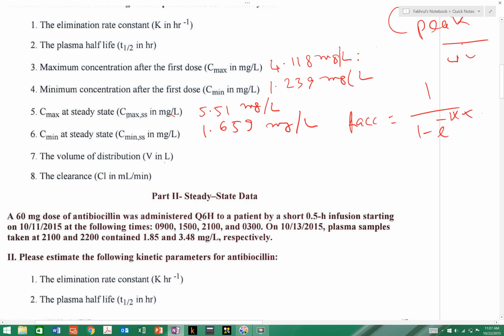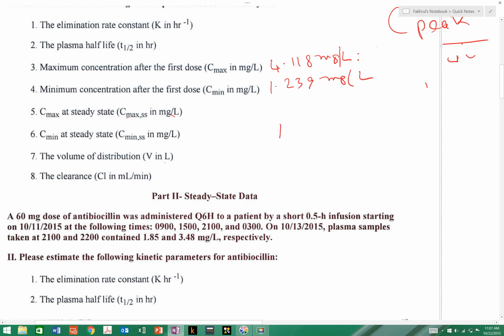Now, volume of distribution. I have mentioned volume of distribution. You can just take the dose divided by Cmax, but it is not going to give you a perfect volume of distribution. For this reason, we will use a complex equation.